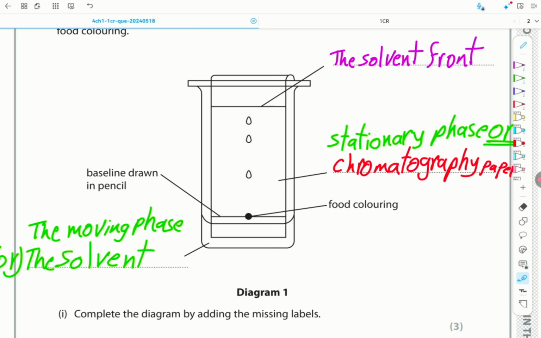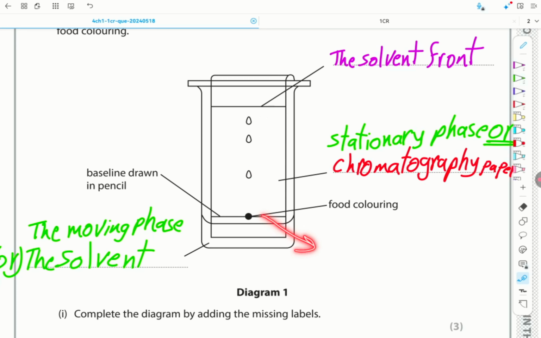If I draw this baseline with, let's say, a pen, which of course is made up of ink, the ink could be dissolved by the solvent here, which is the moving phase, and it will travel with the components which we want to separate, and it will give us what? False results. So we use the pencil.